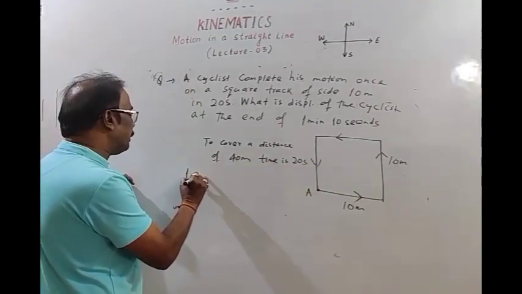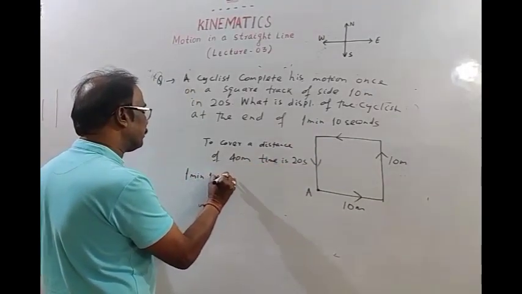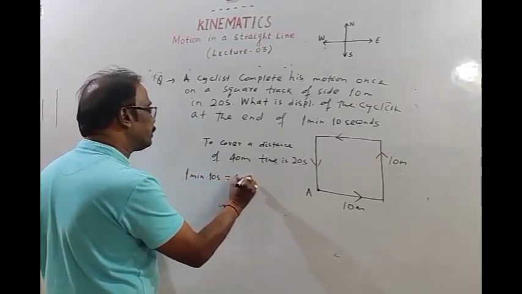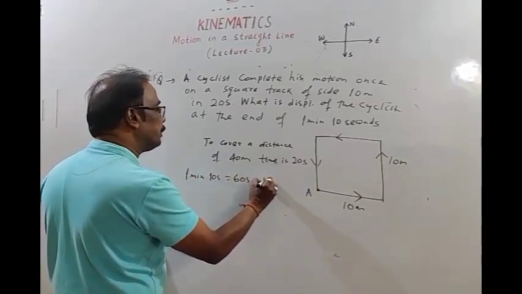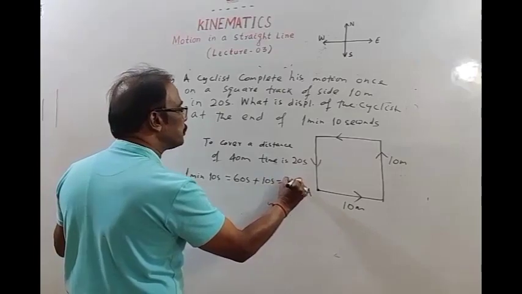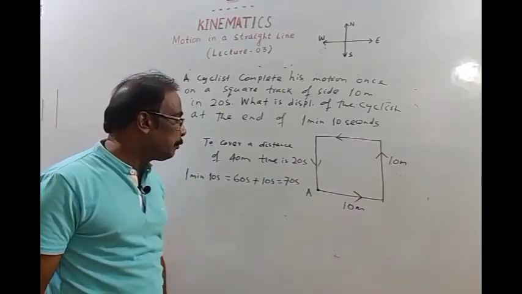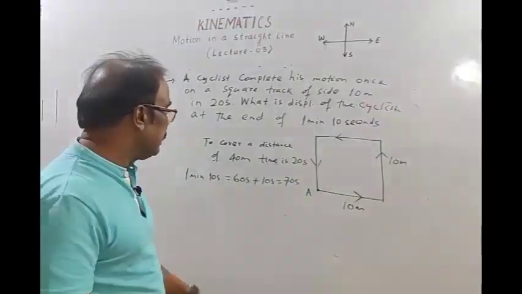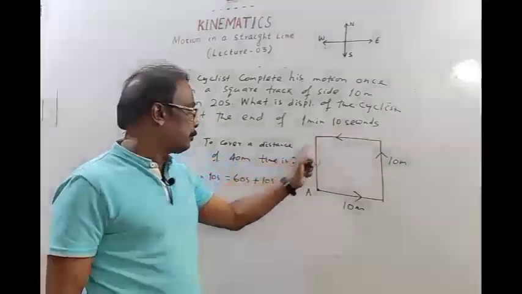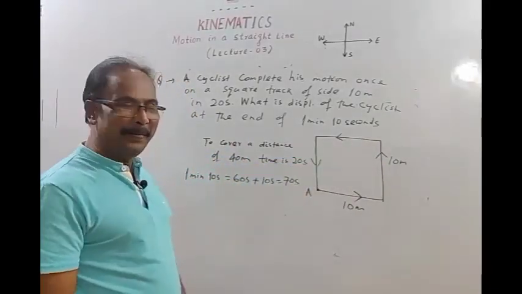Then 1 minute 10 seconds is equal to 1 minute, means 60 seconds, plus 10 seconds. Total time is 70 seconds. We have to find the displacement of the cyclist at the end of 70 seconds. But the cyclist completes the square track in 20 seconds. Okay.